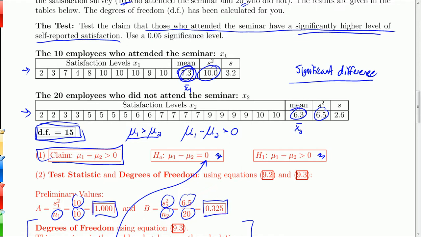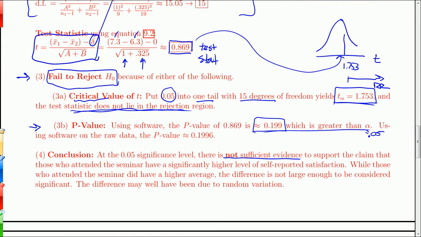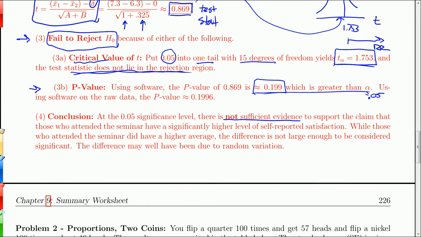The mean for those who didn't was 6.3. It is higher, but it is not significantly higher. It means that basically a difference of that magnitude could easily be due to a mere random variation, right?